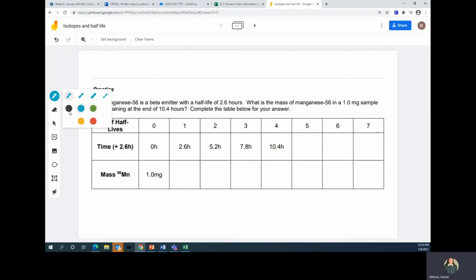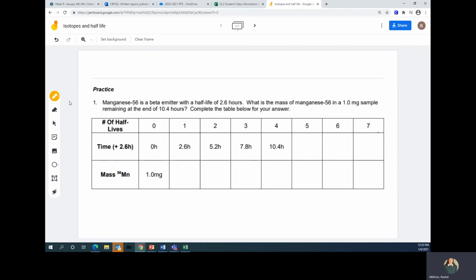Let's start with this problem that we're given and look at what we have. Manganese 56, the isotope, is a beta emitter with a half-life of 2.6 hours. What is the mass of manganese 56 in a 1.0 milligram sample remaining at the end of 10.4 hours?